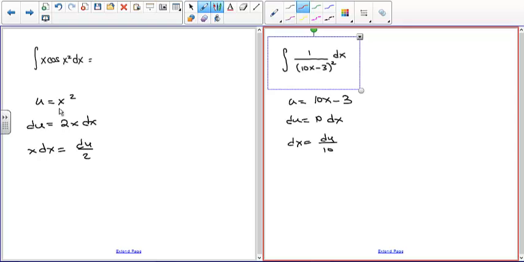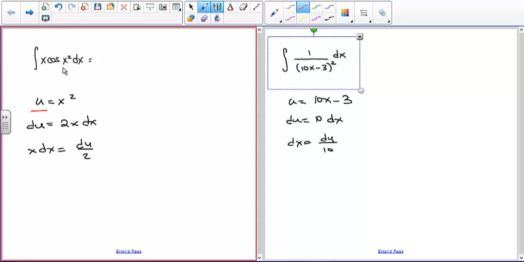Because what I'm going to do is substitute for u, I'm going to put that in here. And for x dx, I'm going to put that in there. So this part will use this substitution. Do that for all of them if it's appropriate.